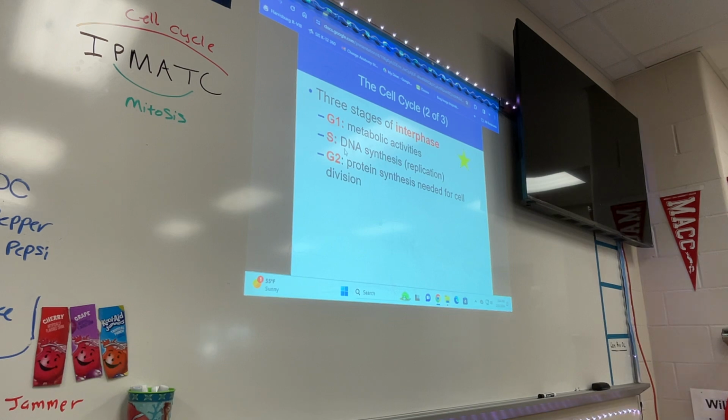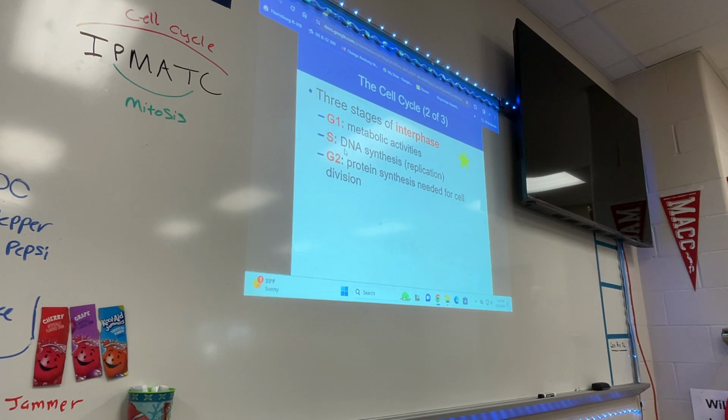So this will be a question on your next test. When does the DNA go through replication? And the answer is the S phase of interphase. So when does DNA go through replication? S phase. S phase of interphase. That will be a question on your next test. DNA goes through replication during the S phase of interphase.